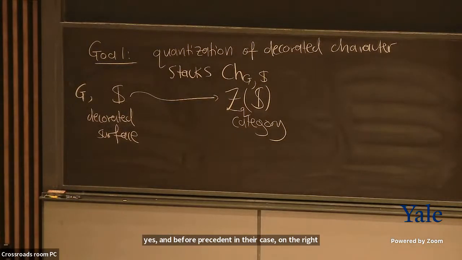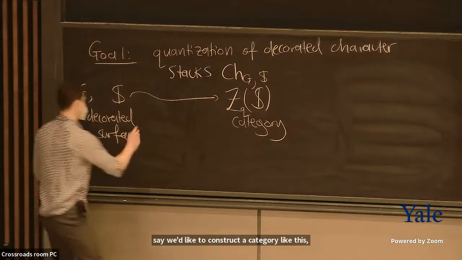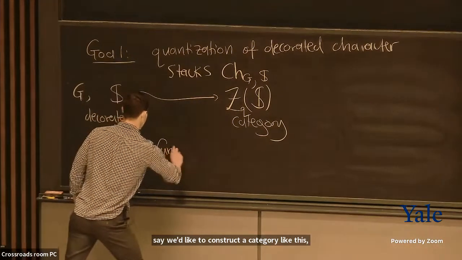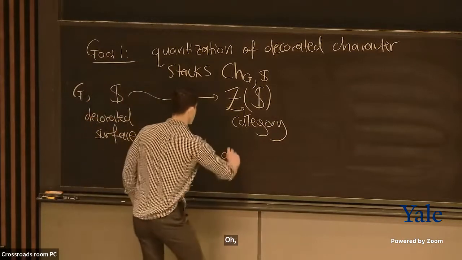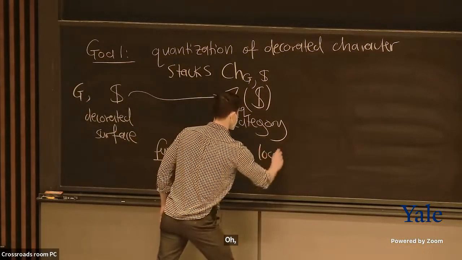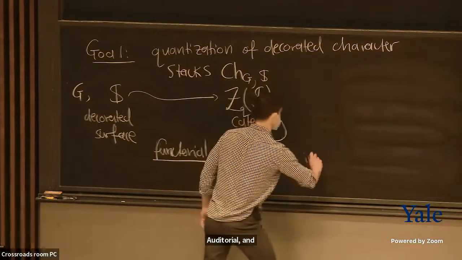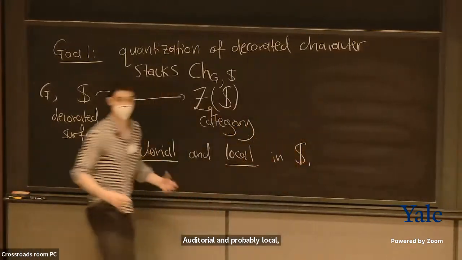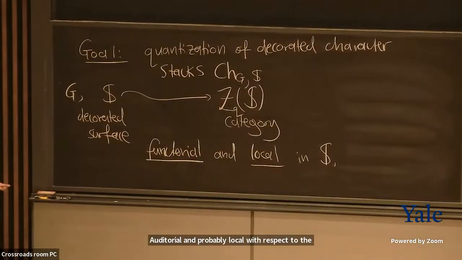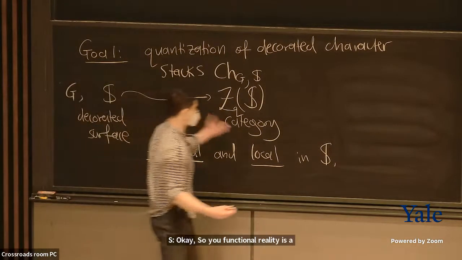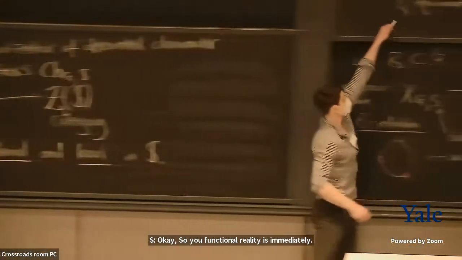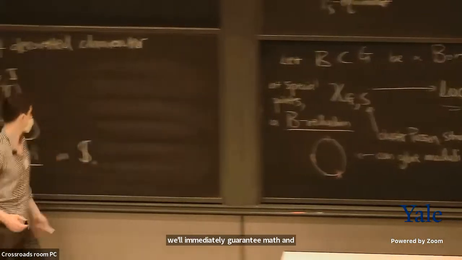And so we'd like to construct a category like this. And we'd like this construction to be functorial and strongly local with respect to the decorated surface S. Okay? So the functoriality will immediately guarantee mapping class group equivariance.